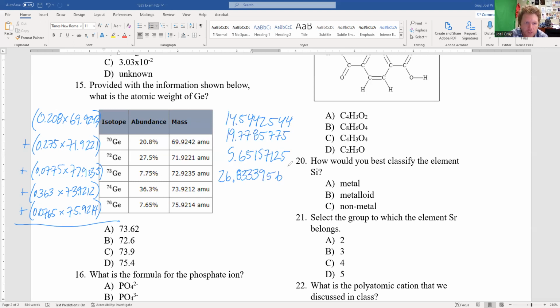And then 0.0765 times 75.9214 adds up to be 5.807981. Okay, so I'll add all those numbers in.